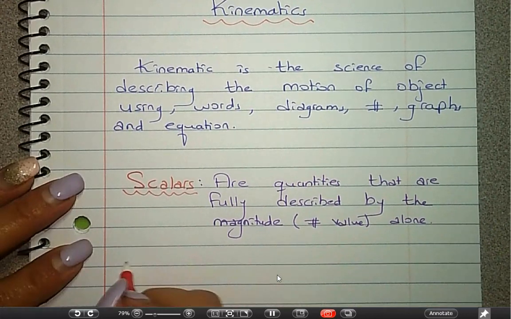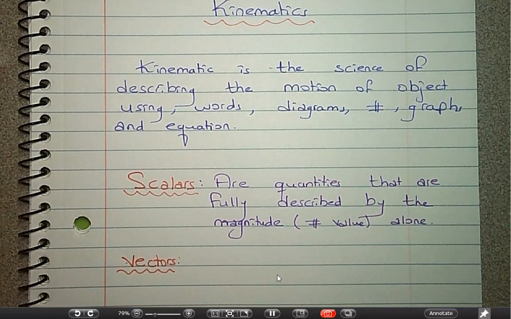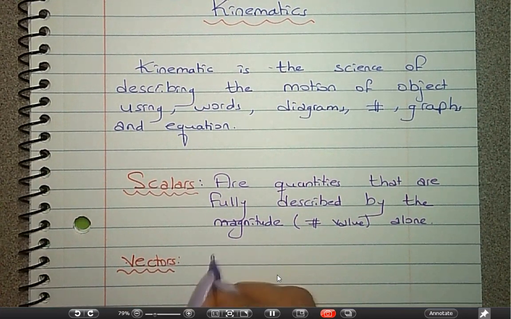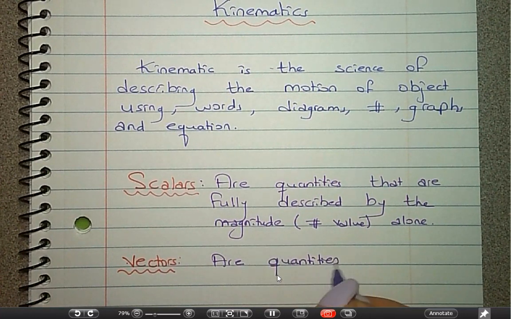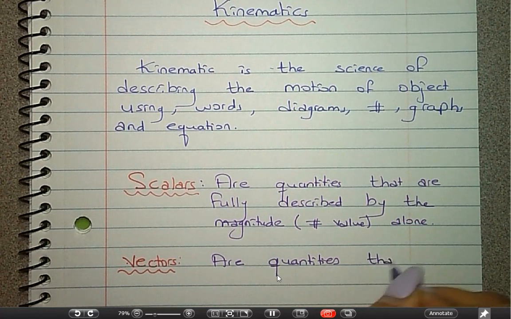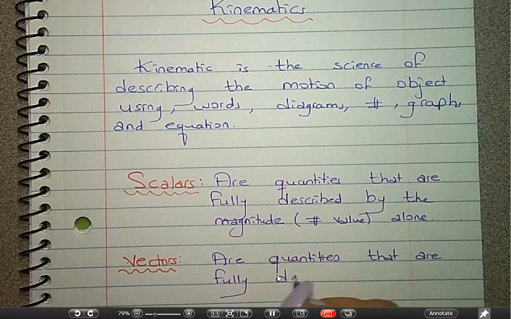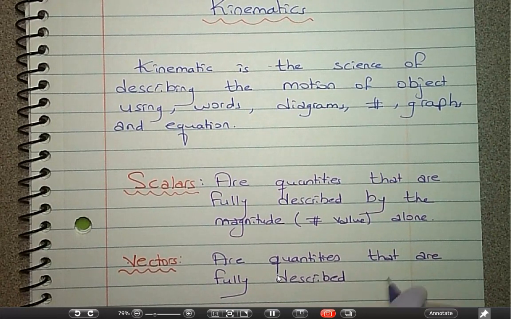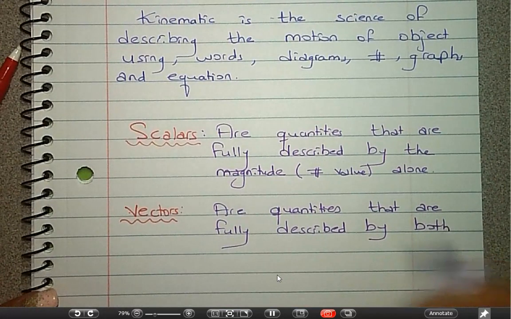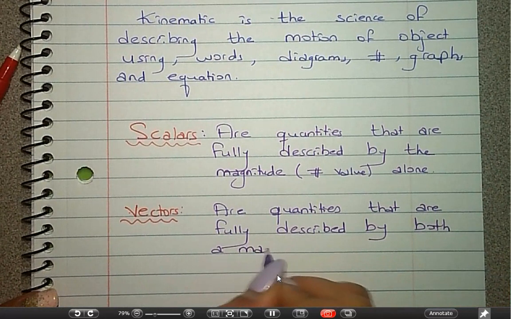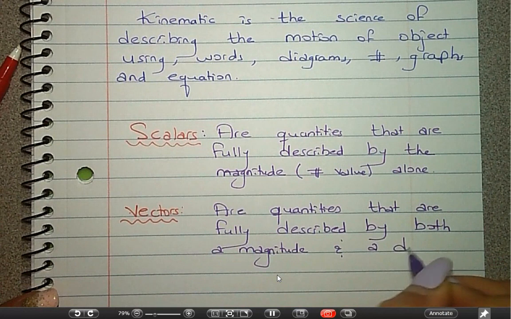While as vectors are quantities that are fully described by both a magnitude and a direction.